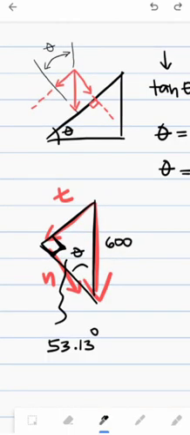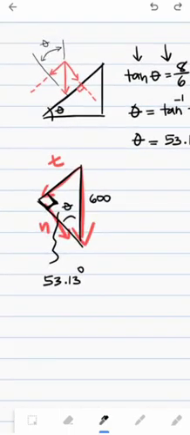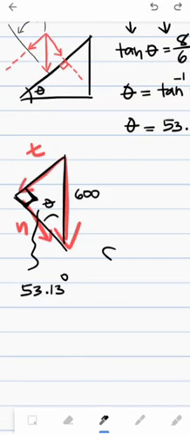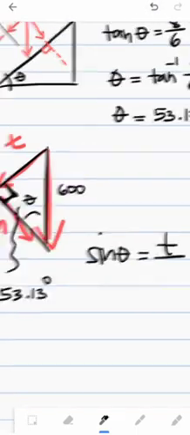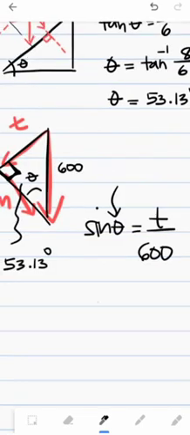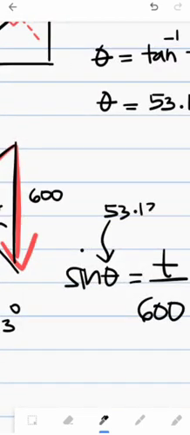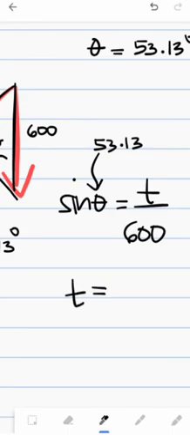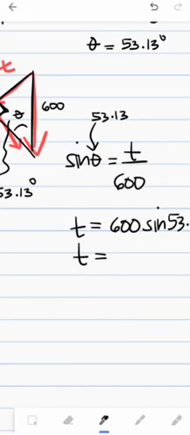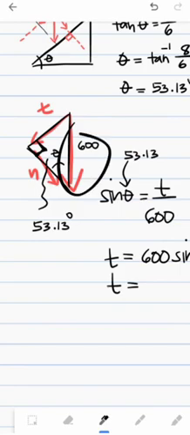Taking the sine of our angle, sine theta is opposite over hypotenuse, so sine of theta is equal to t, the opposite, over the hypotenuse 600. We know that theta is 53.13, and by rearranging, the tangential force is equal to 600 sine 53.13.